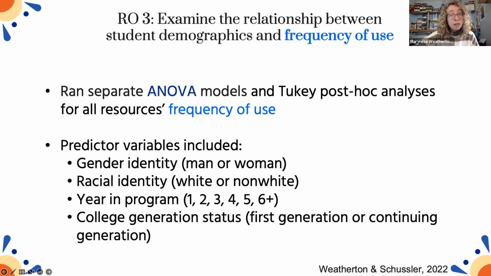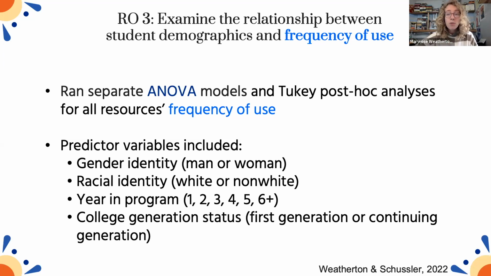To explore how frequency of use may have differed across demographics, I ran a separate ANOVA model for each of our 34 resources. These models test whether there are significant relationships between dependent variables, which is our frequency of use here, rated from 1 to 5, and predictor variables, which are our demographic variables here: gender and racial identity, year in program, and college generation status.